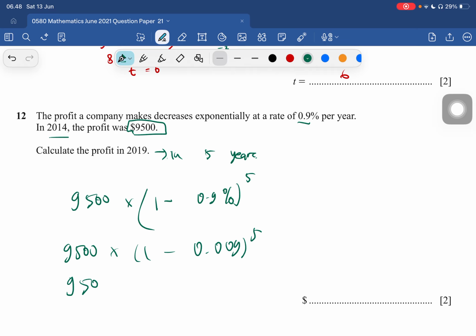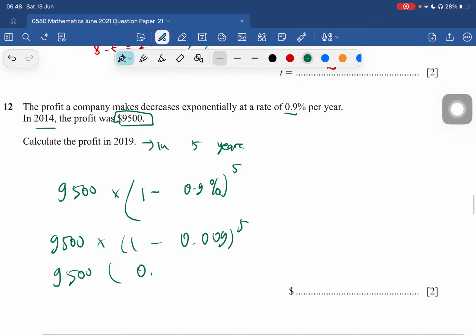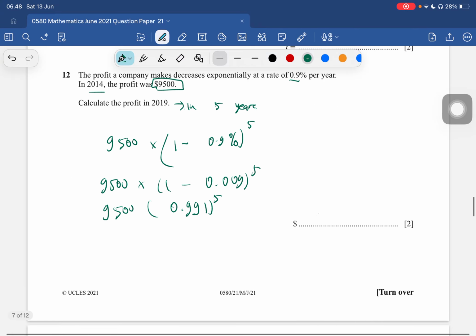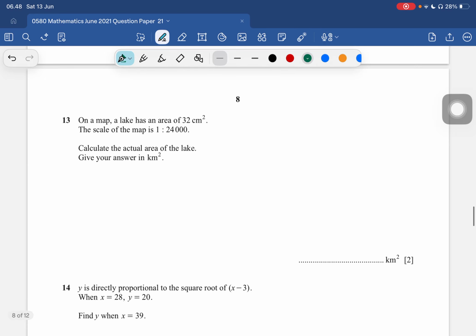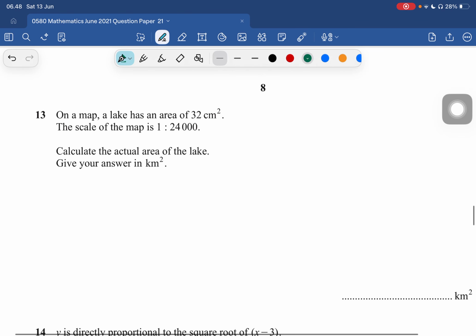So 9,500 multiplied by 1 minus 0.009, so we got 0.991 to the power of 5. So here the answer is 9,080.13 dollars.